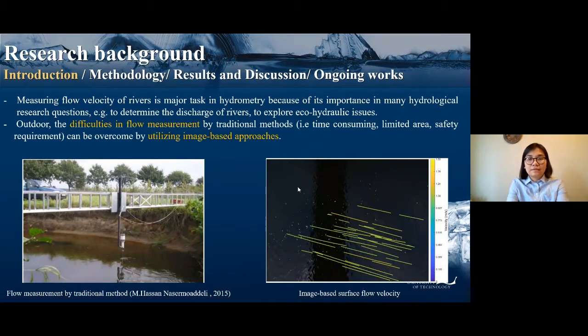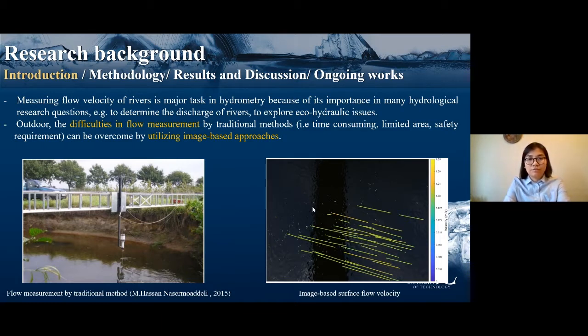And you all know that measuring flow velocity of rivers is a major task in hydrometry because of its importance in many hydrological research questions. For example, to determine the discharge of rivers, or to explore eco-hydrologic issues such as fish migration, pollutant transport, or river erosion, and so on.